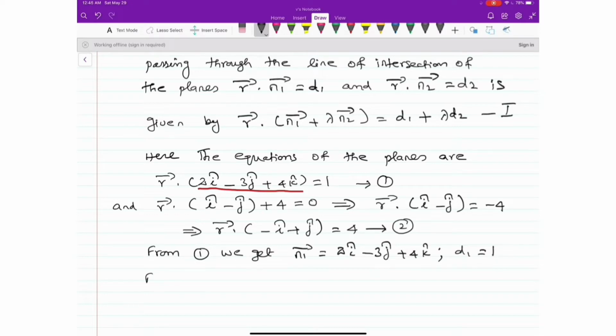Then from 2 we get n2 vector is equal to minus i cap plus j cap, and of course, d2 is nothing but this 4. Let me name these results as 3.